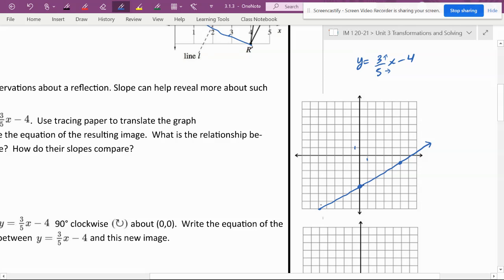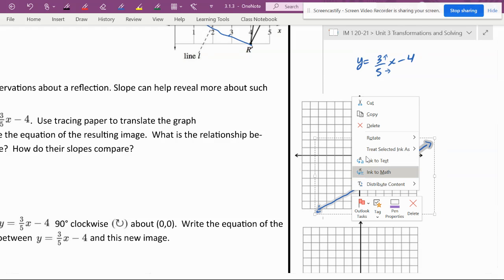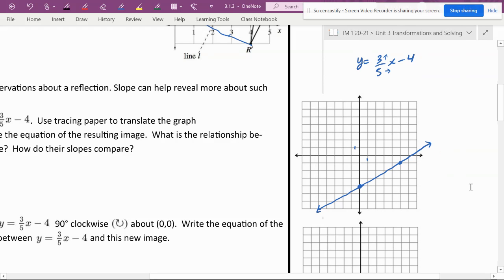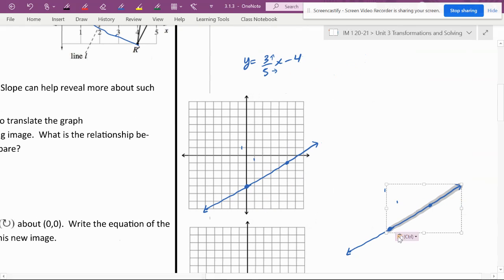Alrighty. And now it says to move this same line. We're going to move it 5 units up. So let me copy this line itself, and then let's move it 5 units up. All right, so this is our line.